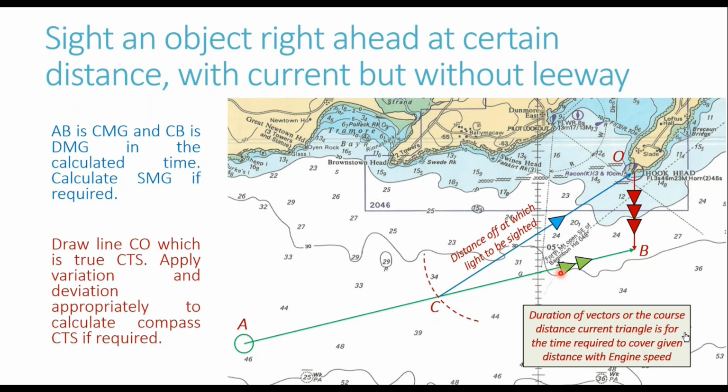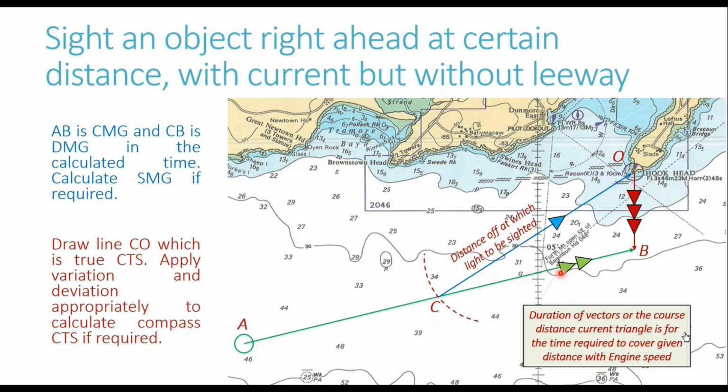So in fact, this question can be asked to you in a different language. Instead of asking you to find the course to steer so that this lighthouse can be sighted right ahead at this particular distance off, they can also ask you that if you are moving on this particular track, find out at what time this lighthouse will be crossing your bow.